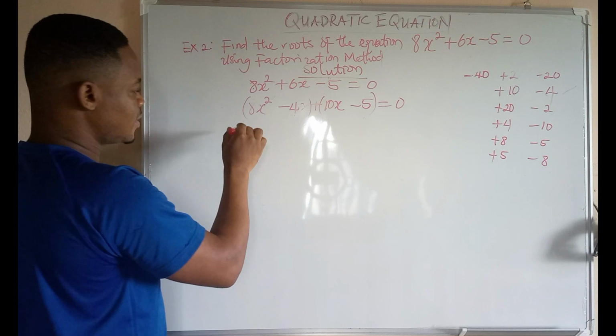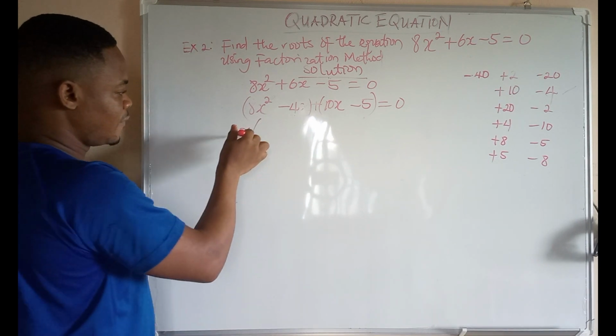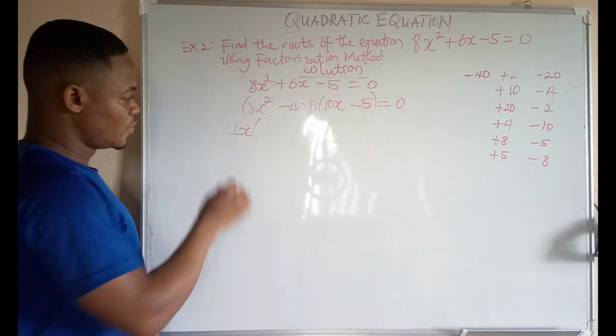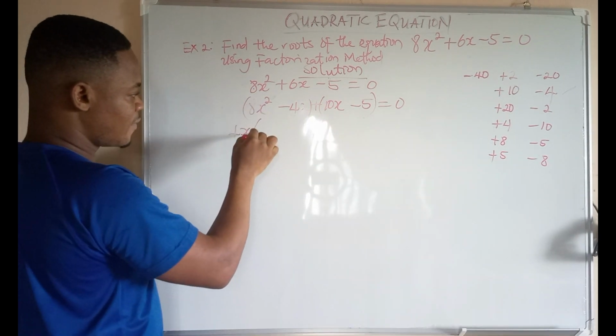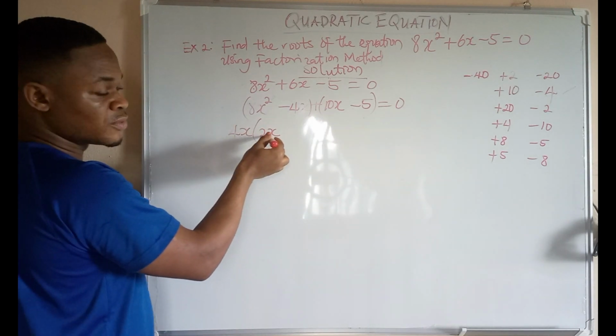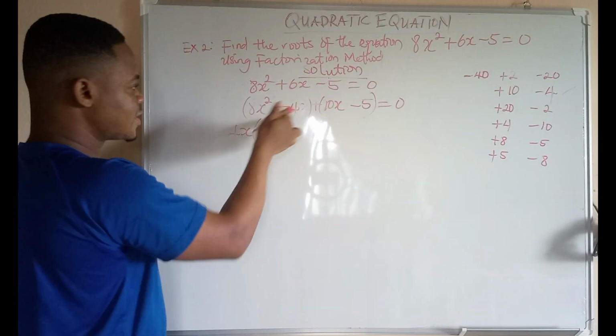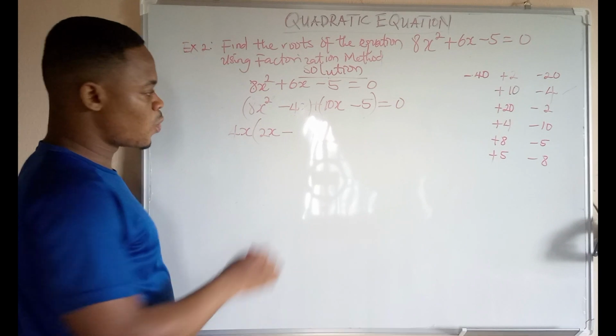So we now have 4x out. If 4x divides here, 4 divides 8, we have 2, and x divides here, we have x. 4x times 2x will give us 8x squared. Minus, if 4x divides here, we'll be left with 1.